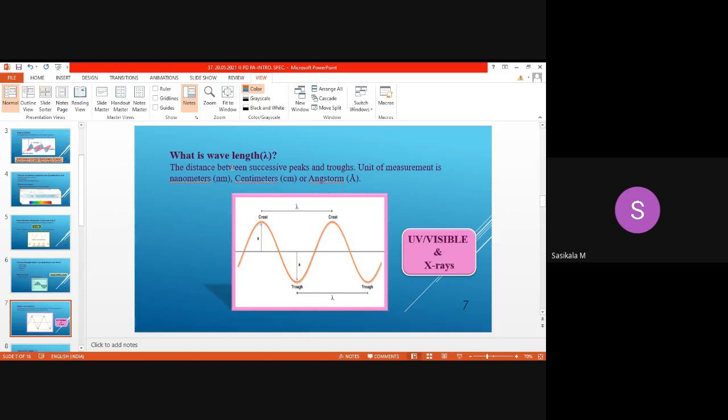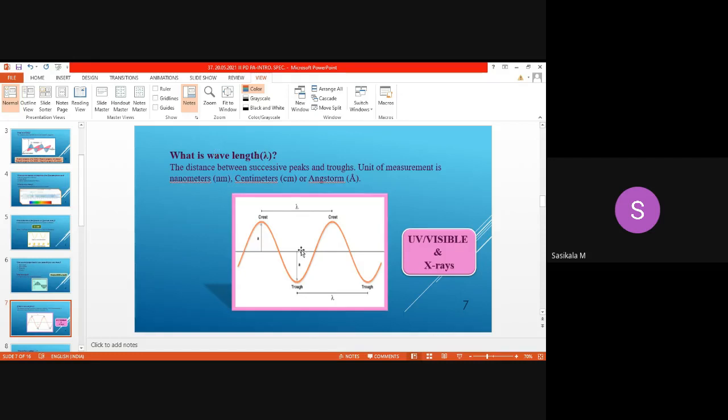And what is wavelength? Length represents distance, wave distance. What distance are we measuring as wavelength? The distance between successive peaks, successive crests and troughs. If we calculate the distance between troughs or between crests or peaks, this distance is called lambda.